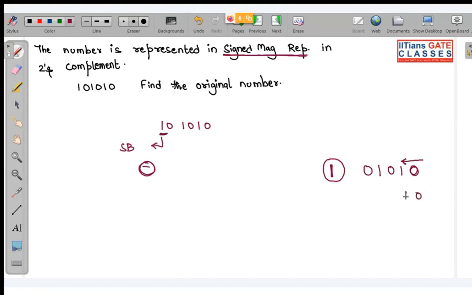Copy up to that bit, so 0, 1, and after that first 1, you need to complement all the bits. So this will be 1, 0, 1, and this is the sign bit, so don't do anything. Now this is directly the 2's complement. If you don't agree, calculate from here: first take 1's complement, so that will be 1, 0, 1, 0, 1. To this add 1, so this will be 0, this will be 1.